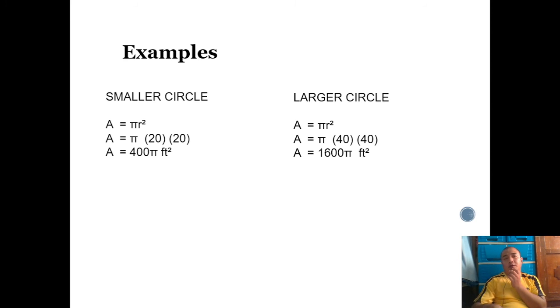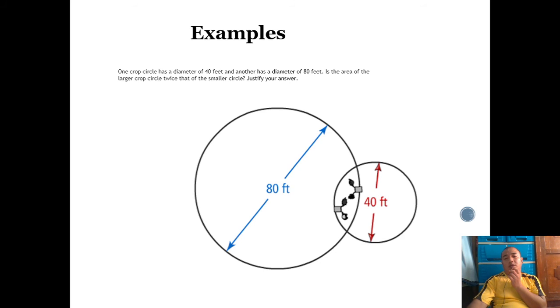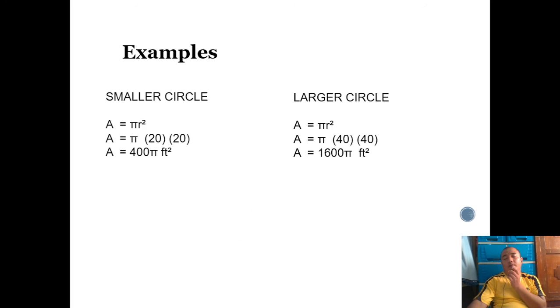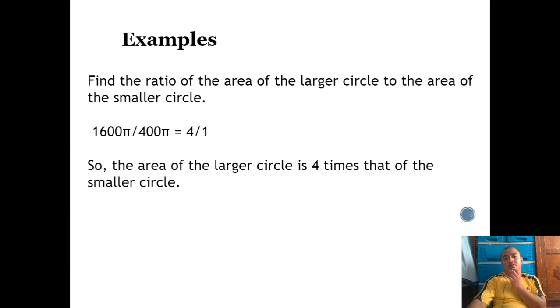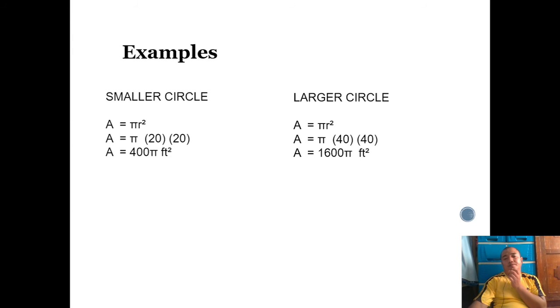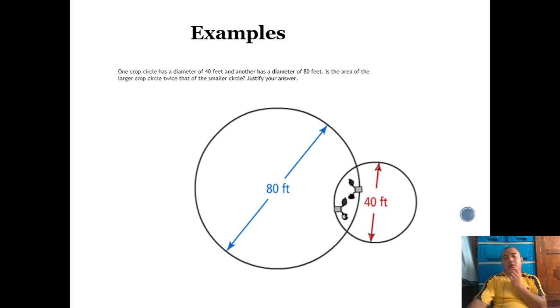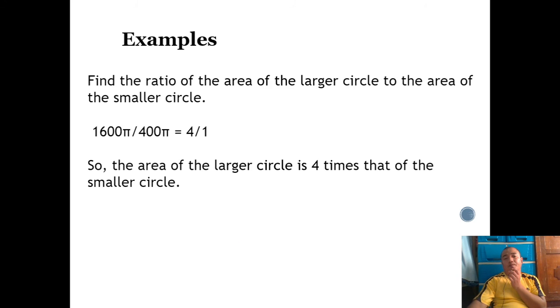For the larger circle, the diameter is 80, so the radius is 40. 1,600 pi feet squared. Twice 400 is only 800, so the area of the larger crop circle is not twice the smaller circle.